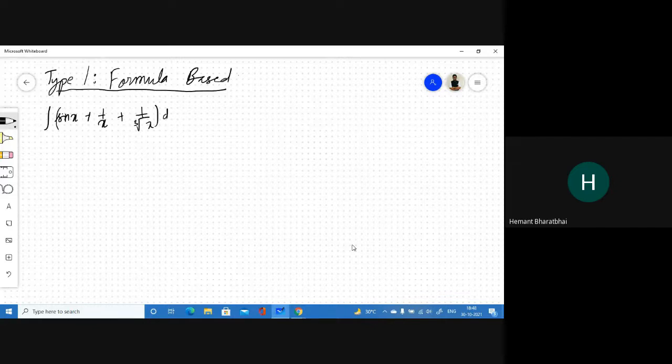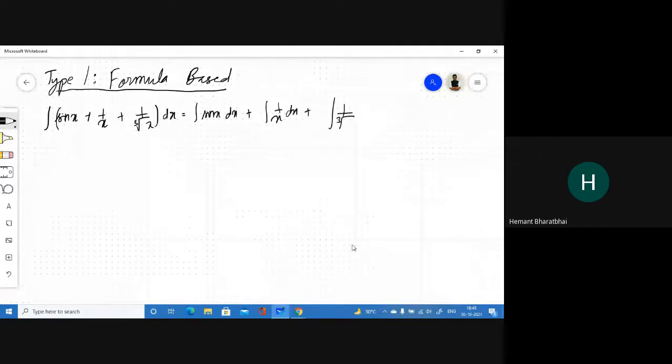So what you can do is just separate the integral sign, give this integral sign to everyone separately. So I'll get integration of sin x dx plus integration of 1 by x dx plus integration of 1 by cube root of x dx.